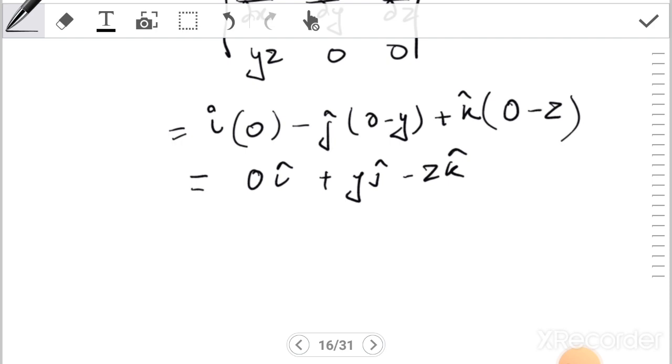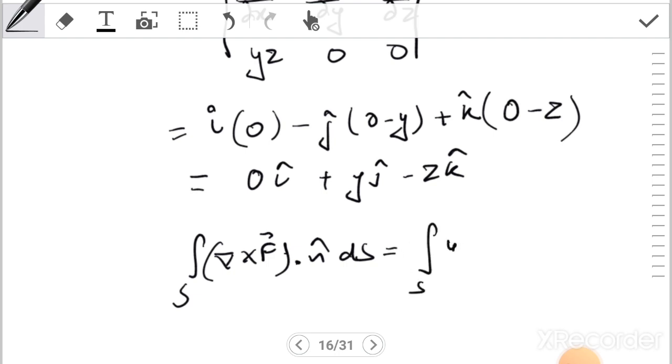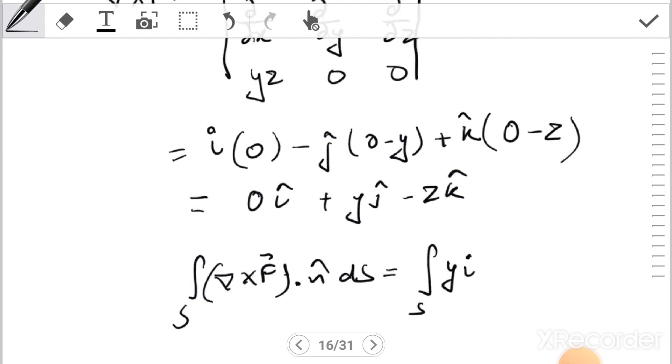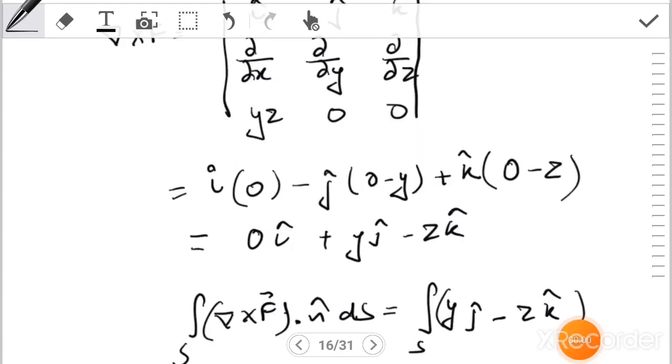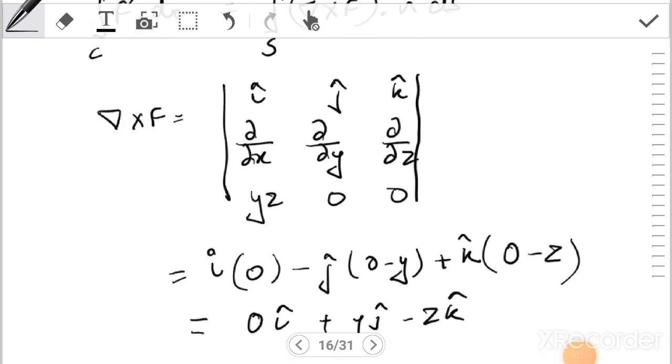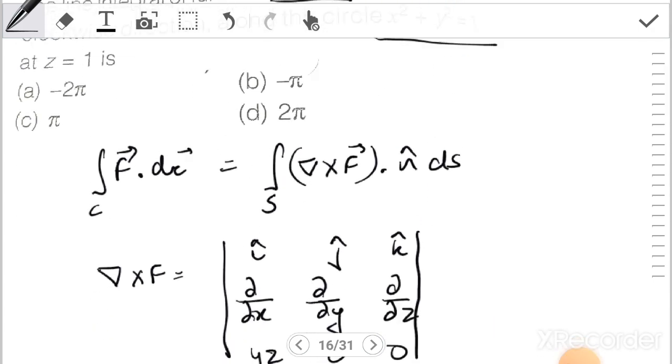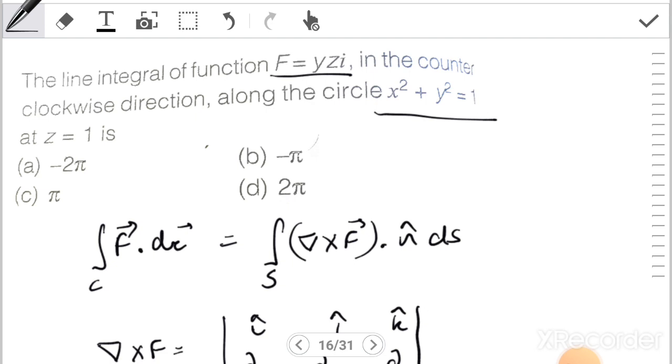So now applying Stokes theorem, the surface integral of del cross f dot n cap ds is equal to the surface integral of y j cap minus z k cap, dot n cap ds. n is a unit normal vector of surface S. So here in this case the surface is the circle x square plus y square equal to 1, which lies in the xy plane.